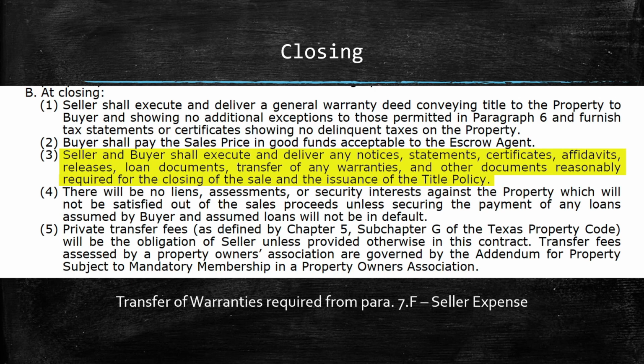On the transfer of warranties language that we see here in 9B3, this refers us back to paragraph 7F of the contract, where we say that if the seller agrees to complete any work on the property, they must provide documentation to the buyer showing scope of work, they must provide receipts showing payment, and if there are any transferable warranties, then the seller must arrange for those warranties to be transferred to the buyer at the closing date and at seller's expense.